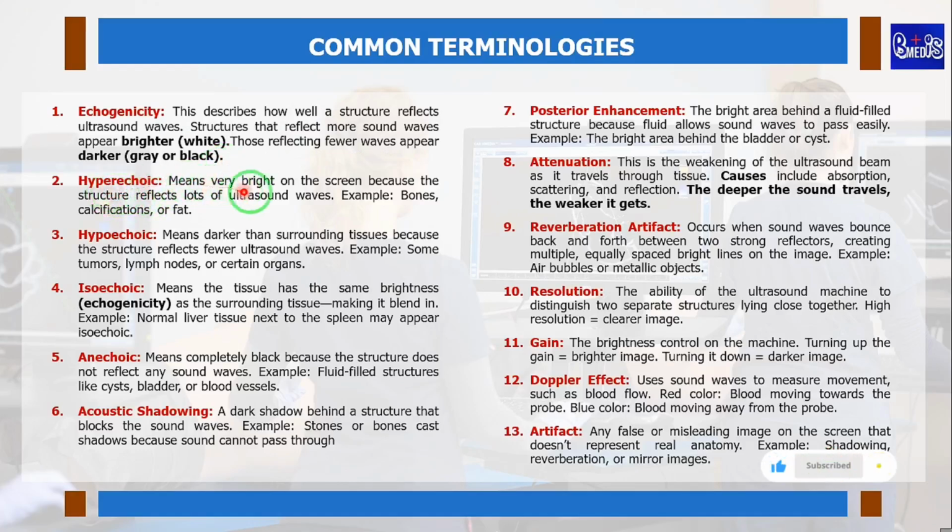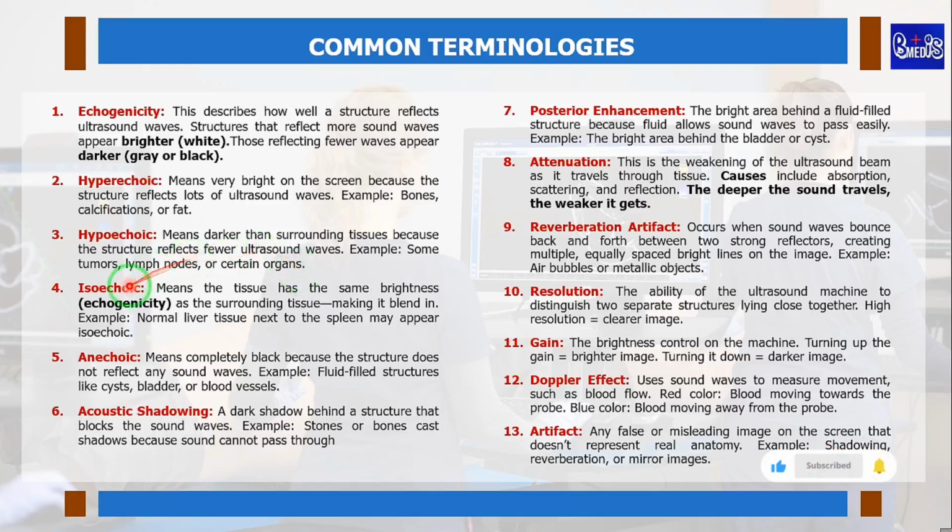Hyperechoic means very bright on the screen because the structure reflects lots of ultrasound wave. Examples include bones, calcifications or fat. Then we have hypoechoic, which means darker than surrounding tissues because the structure reflects fewer ultrasound waves. Examples are some tumors, lymph nodes or certain organs.